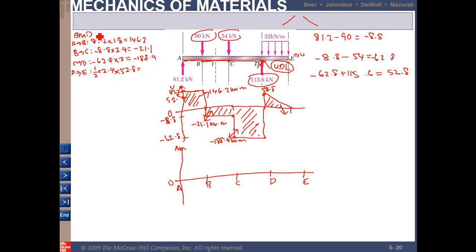So we calculate the area under the graph of the shear force diagram, which equals the bending moment diagram. So this one you get 63.3. Okay, so now you have this value.